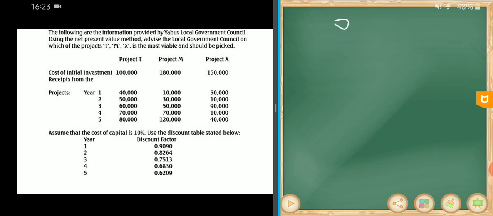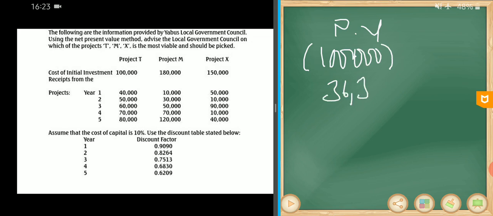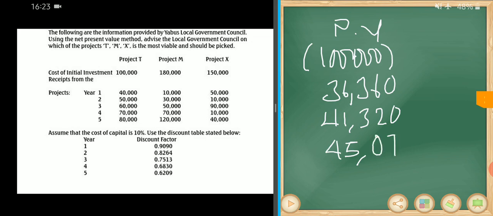So under our PV, for year 0, we have negative 100,000. For year 1, we have 36,360. For year 2, we have 41,320. For year 3, I did not calculate it for us, but I've already told us how to calculate it, so we have 45,078.